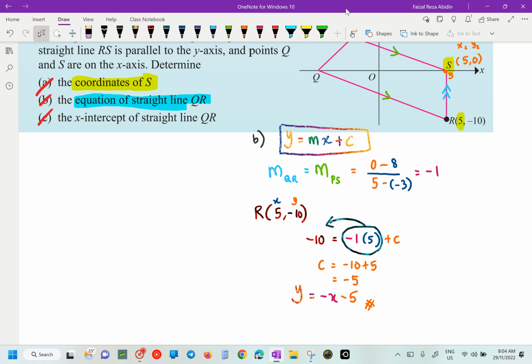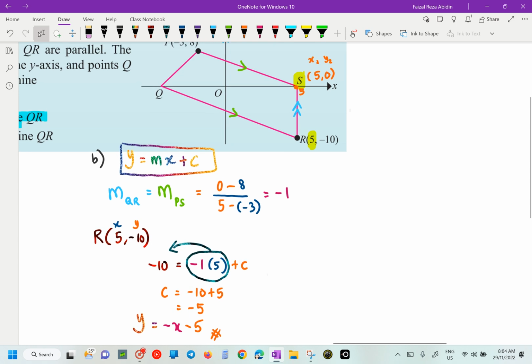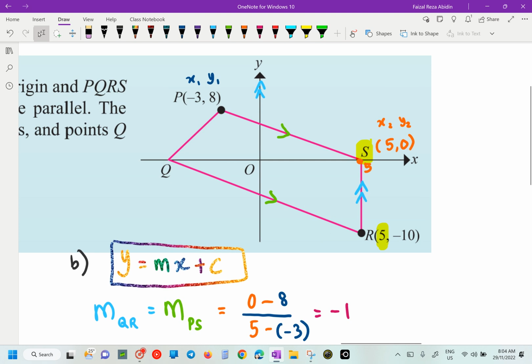So where is our x-intercept on QR? It's going to be the point Q, isn't it? What does x-intercept mean? The coordinate here is (x, 0). Am I right? Yes.